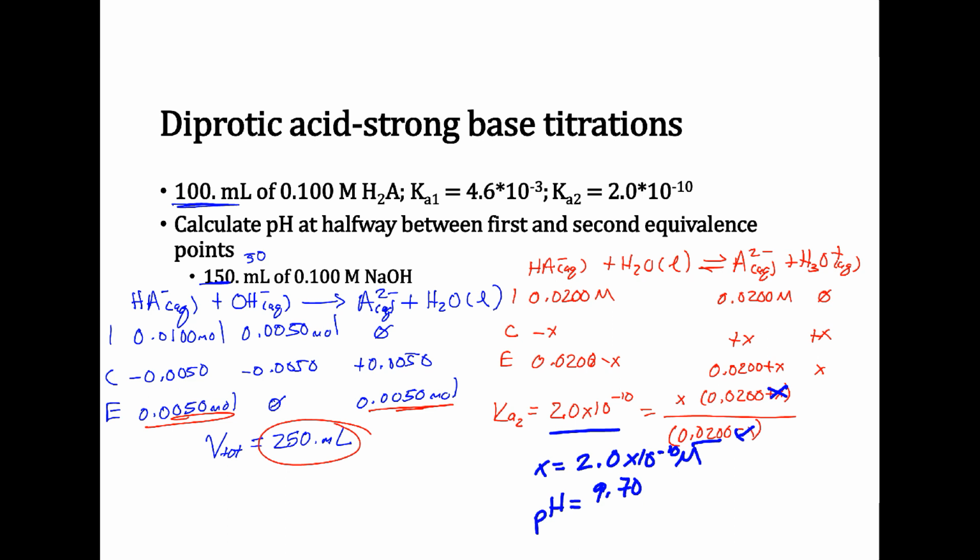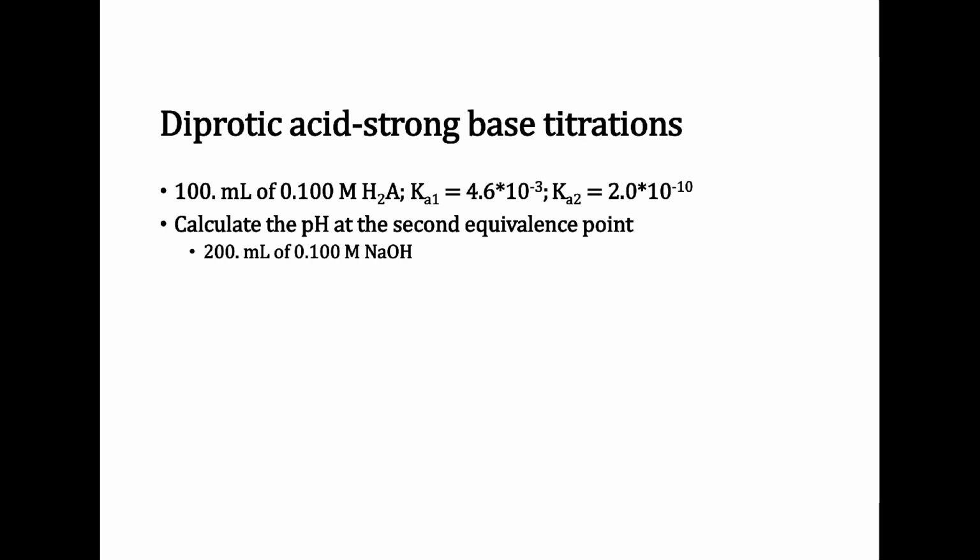And so now we're going to look at our final step, which will be at the second equivalence point. All right, so at our second equivalence point, what's happened so far is we've neutralized all the H2A, and now we will have neutralized all of the HA minus. So I'll go ahead and set up our reaction.